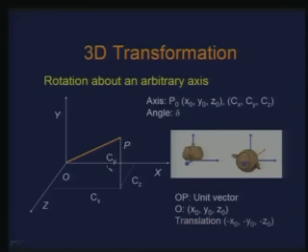So what I am interested in is aligning this line to the z axis. As a first step, I get this line in the xz plane, which means I rotate about the x axis.